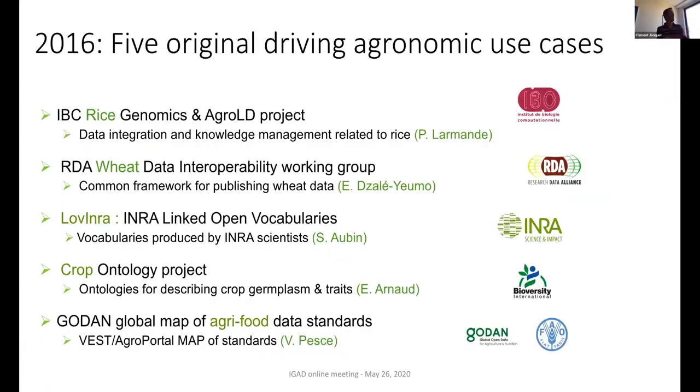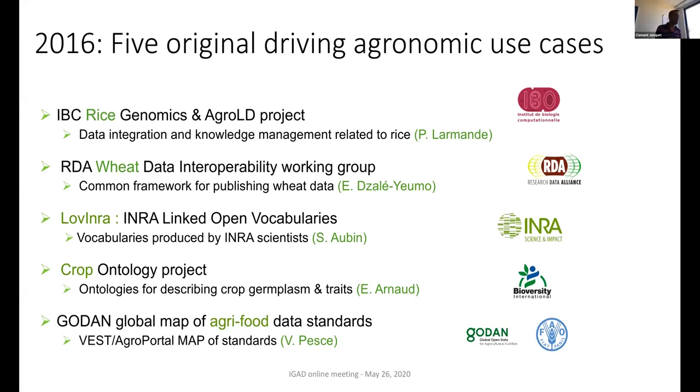Originally, the portal was driven by 5 original driving agronomic use cases. I have had different chances to present them, but I will just mention, for example, one of them: the group of the RDA, IGAD, the Wheat Data Interoperability Working Group, who worked on identifying all the terminologies, ontologies and vocabularies that would be appropriate for wheat data.